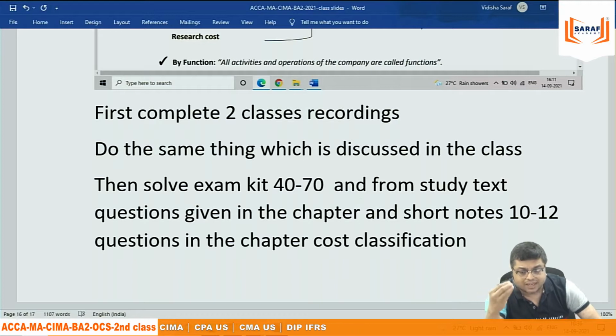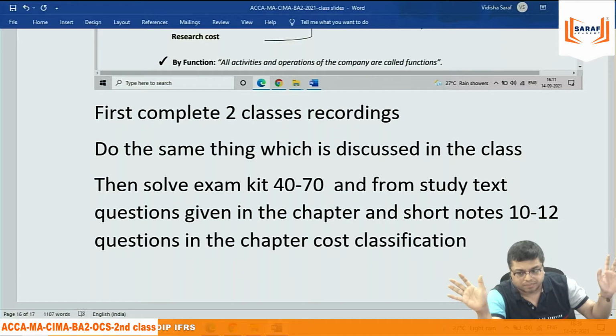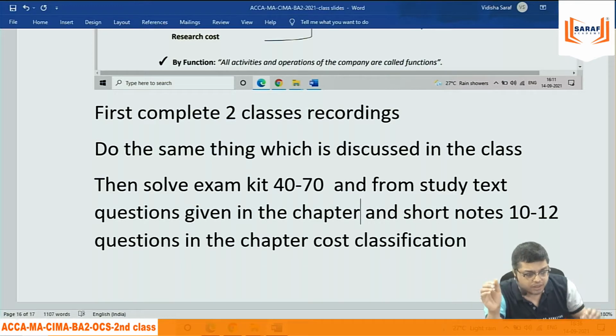Somewhere you will find cost unit, cost object, then cost center, ignore them. Some of the questions are very technical. Some 1 or 2 questions are on cost codification, cost coding, so that in the computer system we can incorporate cost, ignore them.